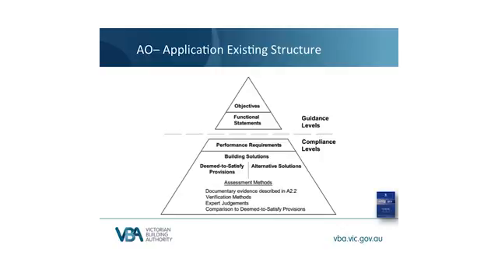The performance requirements are the only part of the code that you must comply with. You can demonstrate compliance with the performance requirements using the deemed to satisfy provisions, a performance solution, or a combination of both. But the performance requirements are almost hidden away in this diagram.